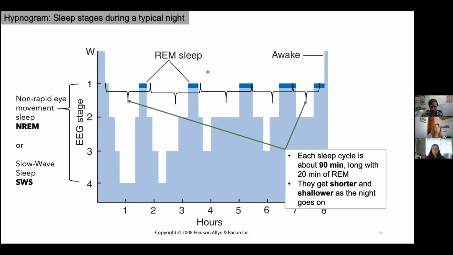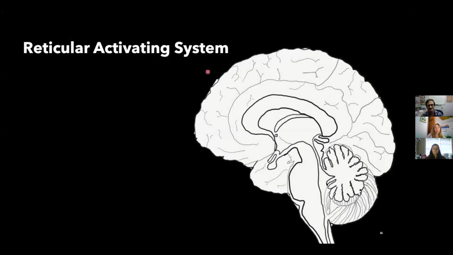Okay, cool. So this is why the EEG is so cool: we didn't know anything else about what the brain was doing, but we were able to define these sleep stages, and we still use it today for this reason. So what's keeping us awake, and what makes us go to sleep, and what is the brain doing in all these different sleep stages? Well, first of all, you are kept awake by a bunch of neurons in the brainstem.